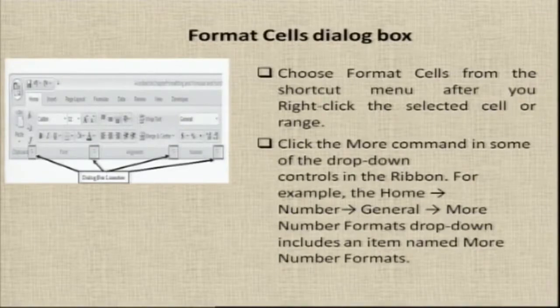Then we can click a more command in some of the drop down controls in the ribbon. For example, if you click Home, then the Number group, then General, you can click More Number Formats from the drop down, which includes an item named More Number Formats. So we can get the format cells dialog box by clicking on this dialog box launcher.